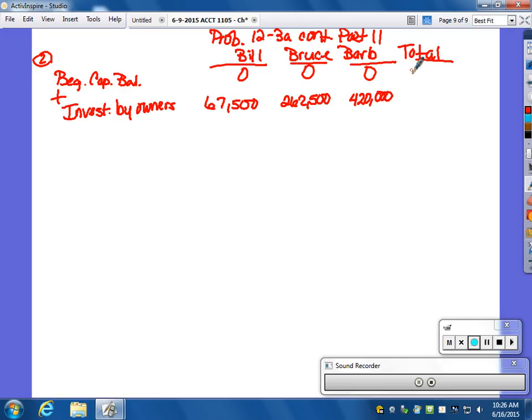For a total of 750,000. What was the net income? 450,000. It changed, didn't it? 209,000, so that's what we're trying to get to, right?